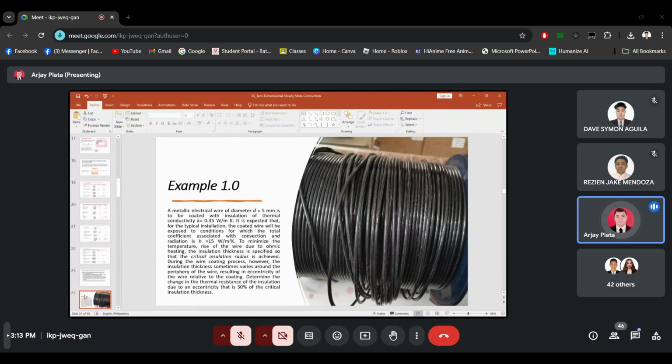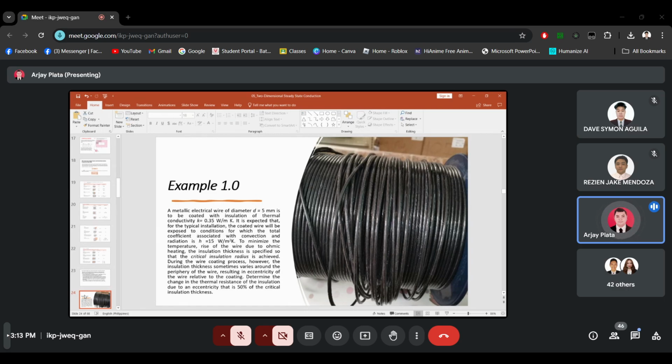It is expected that for a typical installation, the coated wire will be exposed to conditions for which the total coefficient associated with convection and radiation is h equals 15 watt per meter squared Kelvin. To minimize the temperature rise of the wire due to ohmic heating, the insulation thickness is specified so that the critical insulation radius is achieved.